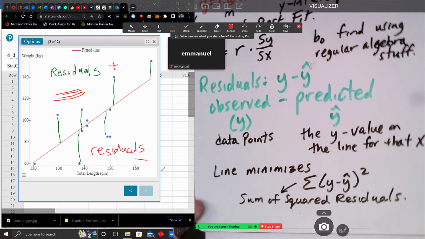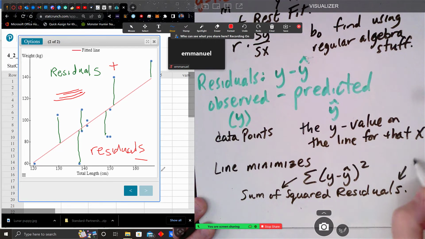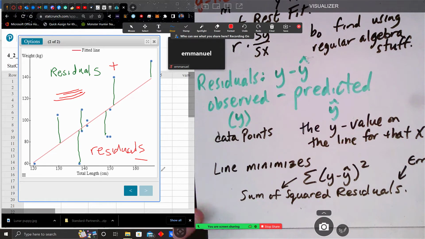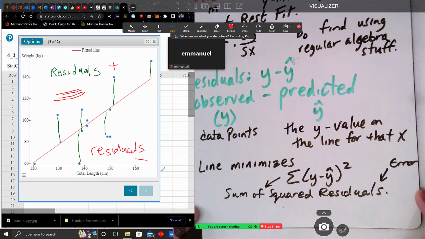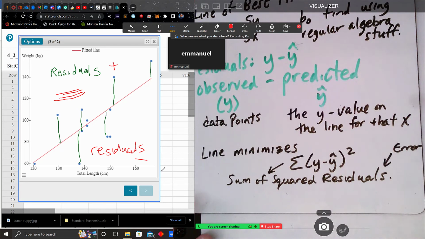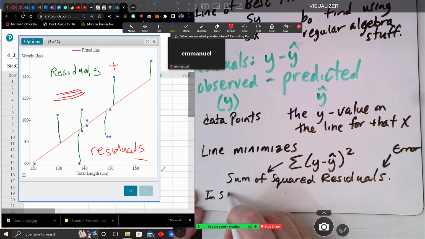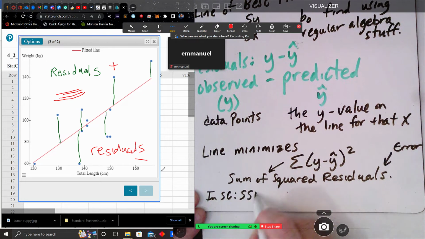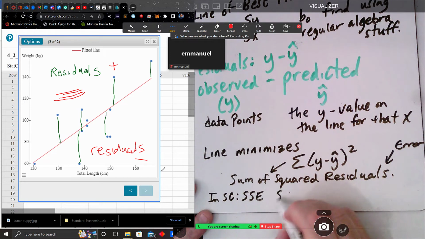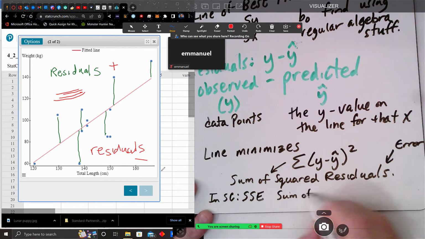Another word for residual is like error. That's the error. How much is the line off from the actual point? So in StatCrunch, you'll see SSE, sum of squared errors.